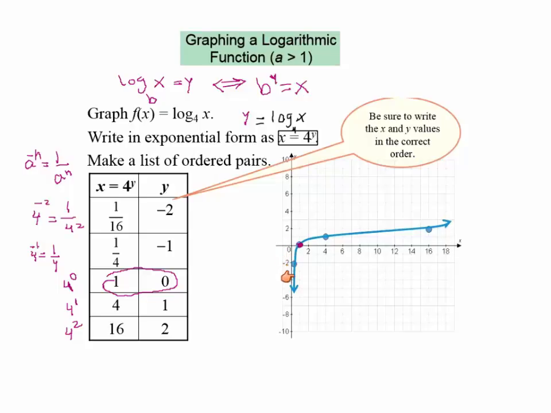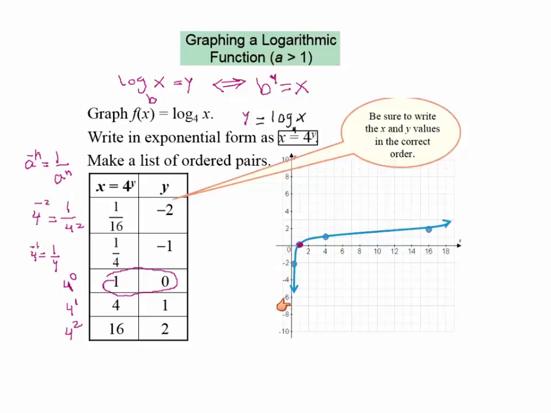As you see, this curve gets closer and closer to 0. Can you imagine if y was -100? x would be equal to 4 to the power of -100, which is 1 over 4 to the power of 100.